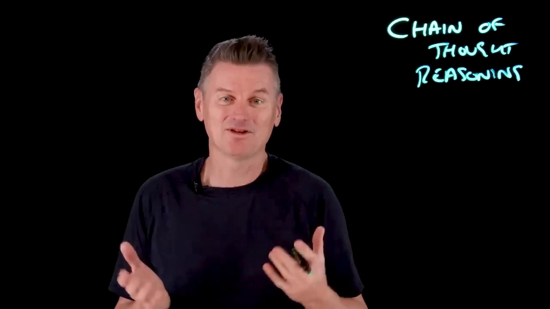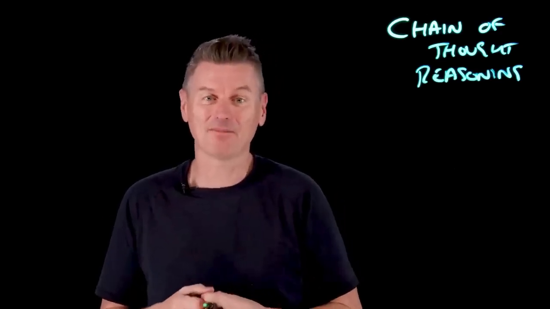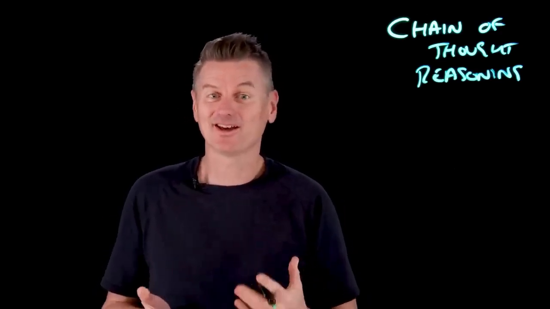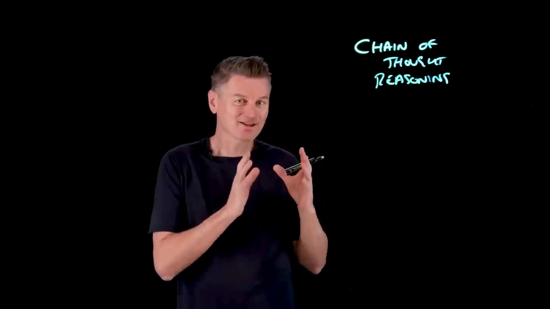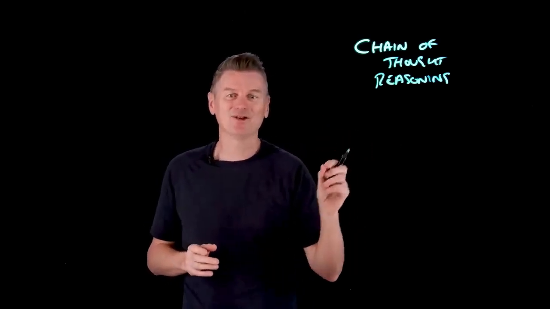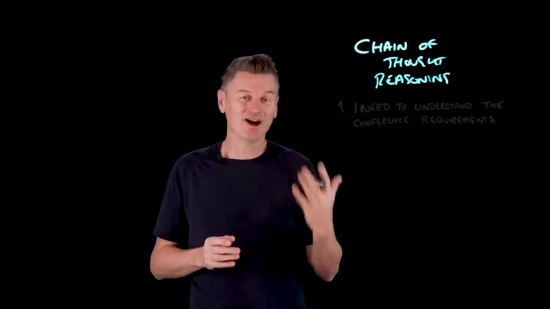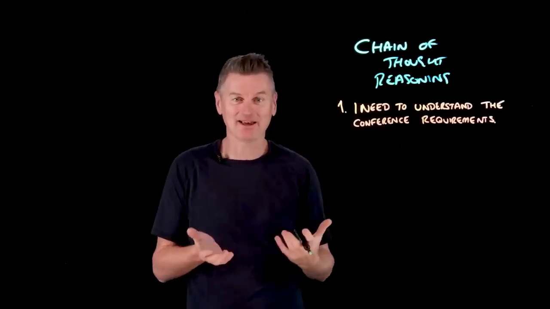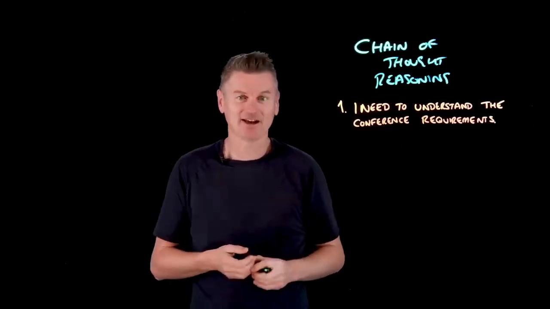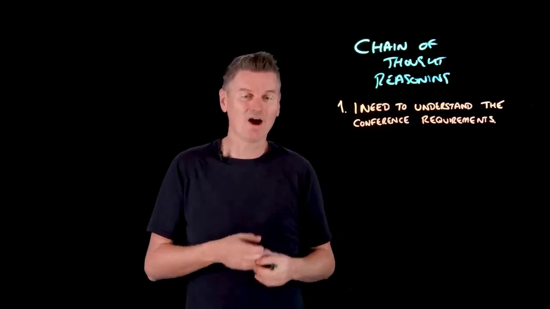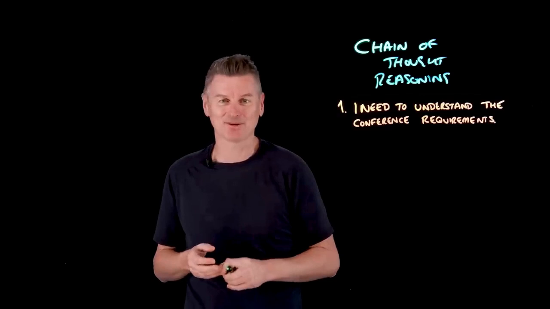So let's imagine that we want to have an agent that is planning a complex task like organizing a conference. So what it's going to do is it's going to use GenAI to generate an internal dialogue. And that dialogue might go something like this. It might say, first, I need to understand the conference requirements, so the size, the duration, the budget, that sort of thing.